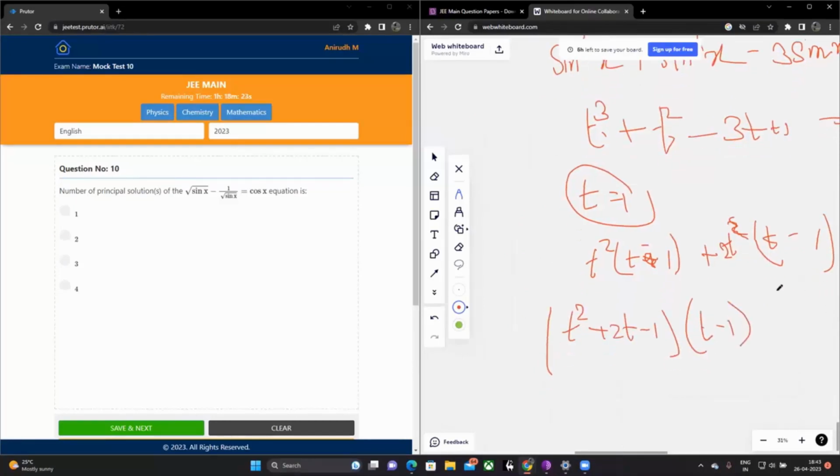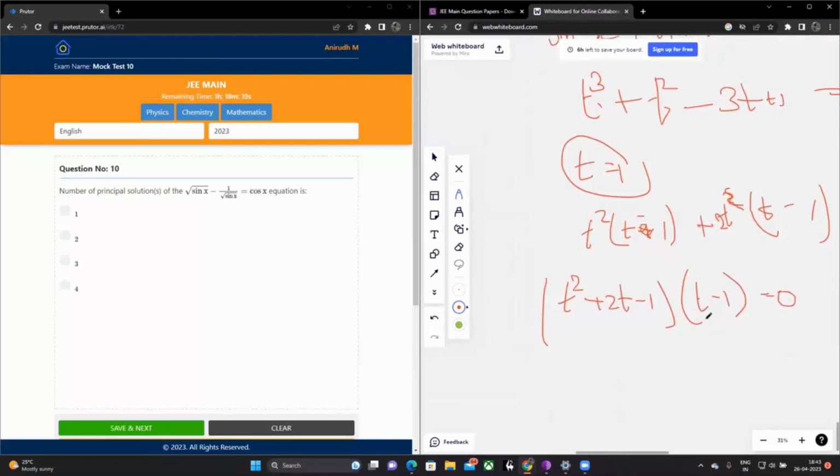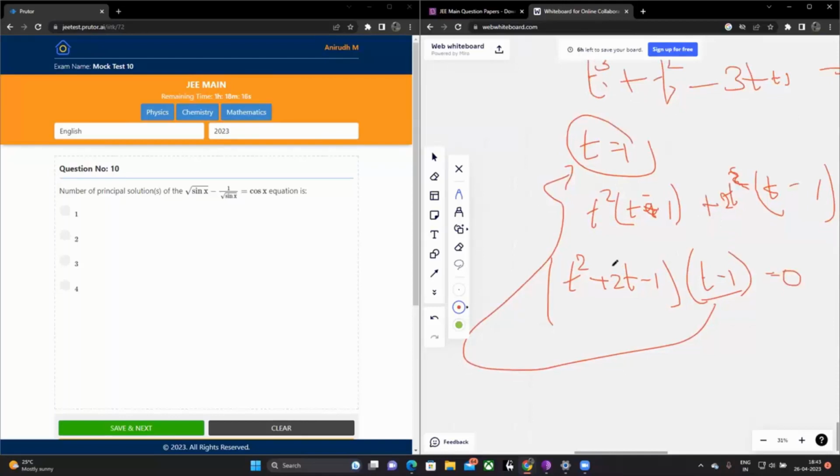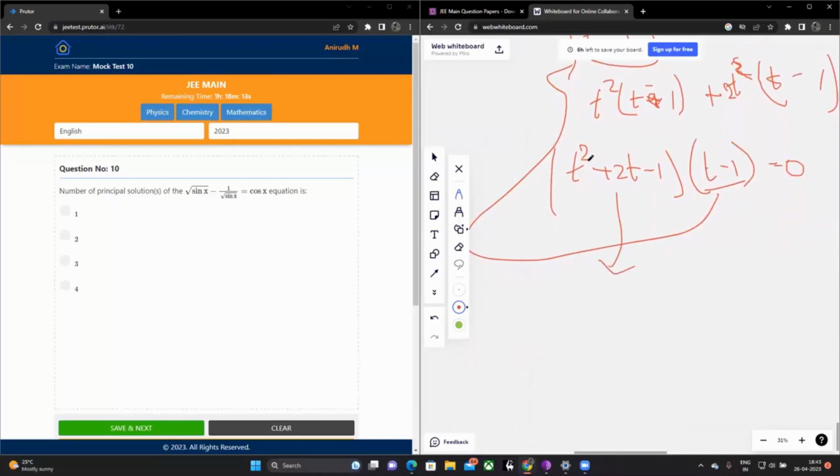Right? This equals 0, of course. You already got this value t equals 1. And this expression simplifies to t equaling minus 2 plus minus root of 4 plus 4, by 2, right? Which is minus 1 plus minus root 2.